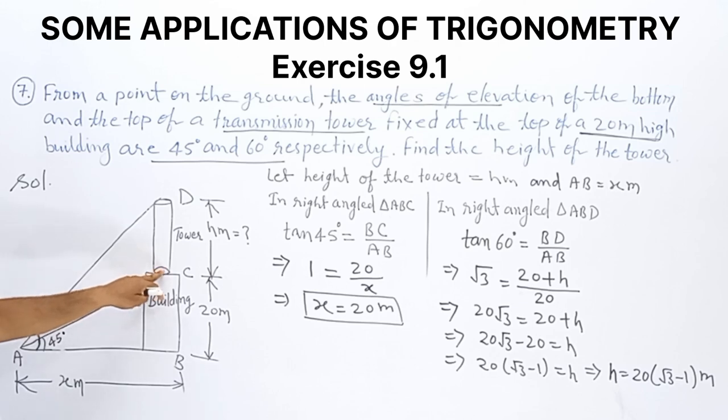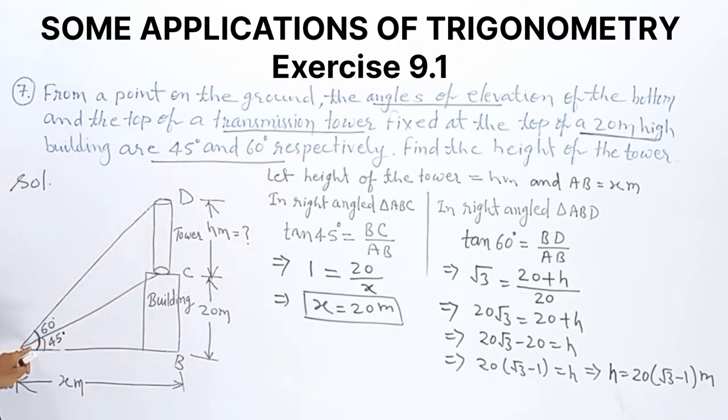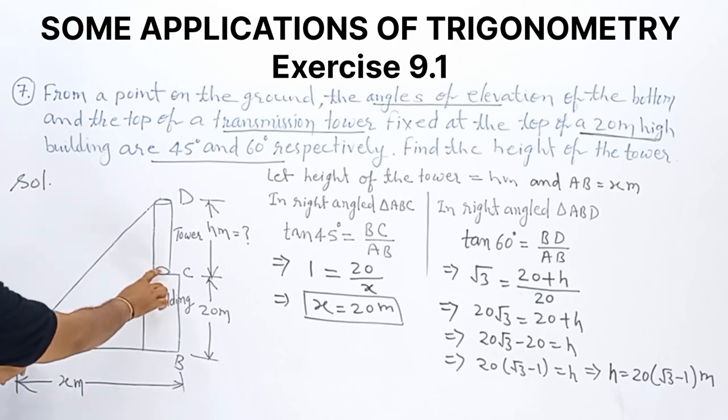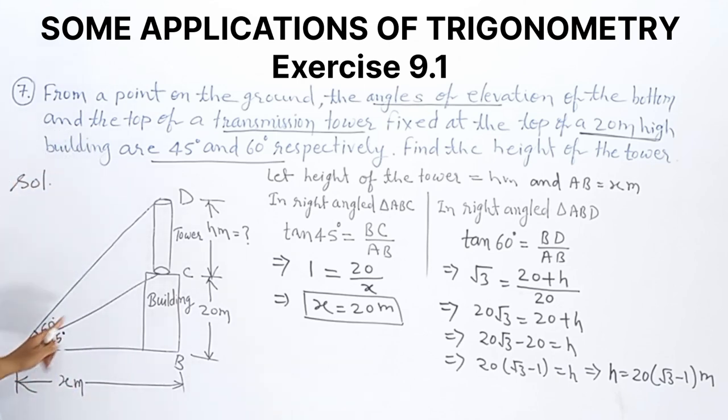So for the bottom we are having 45 degree. This is the point on the ground. Angle of elevation for this bottom means raising the head, so we are raising our head and observing this point, making a 45 degree angle. And for the top, the angle of elevation is 60 degree.